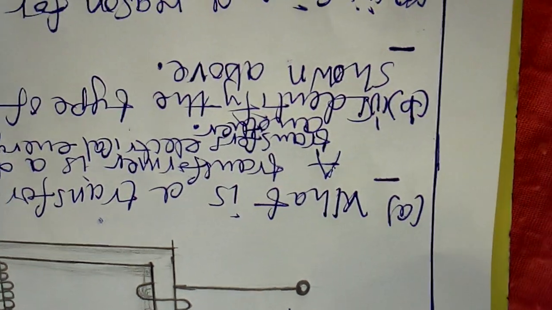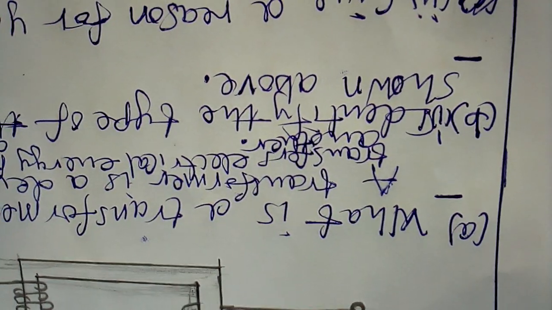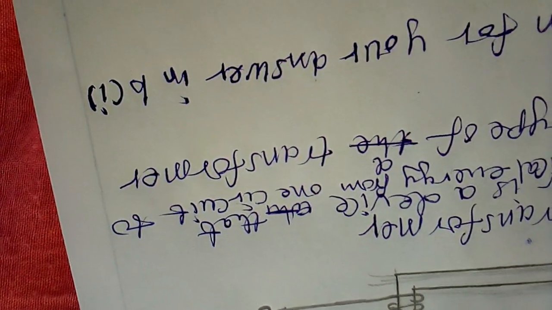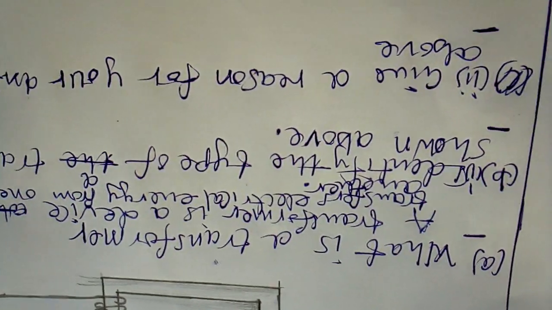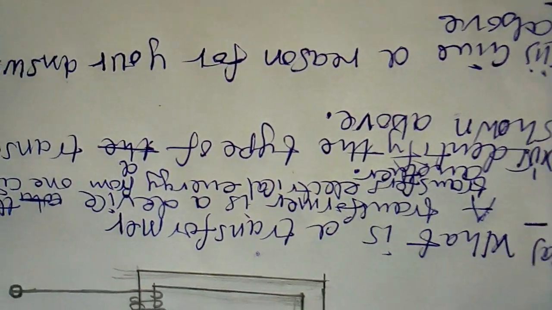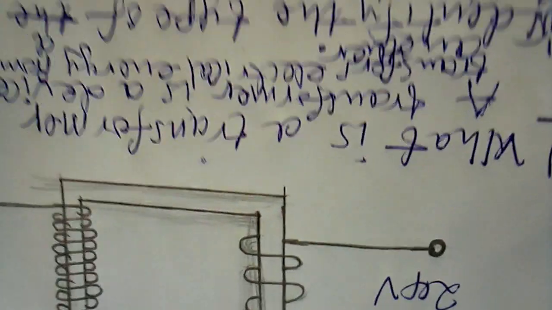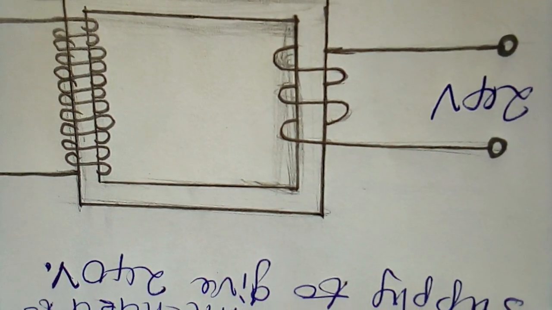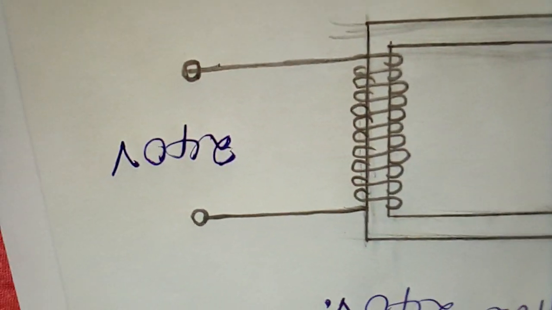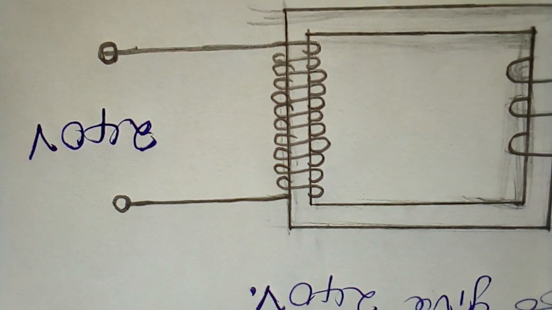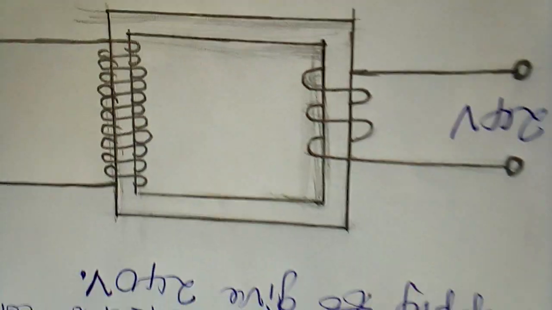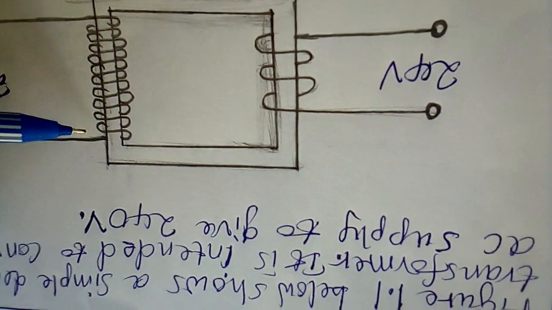Okay, question B1. Identify the type of transformer shown above. I read again. Identify the type of transformer shown above. So this transformer, if you see, we have got 3 turns in the primary coil, and then we have got more turns in the secondary coil.